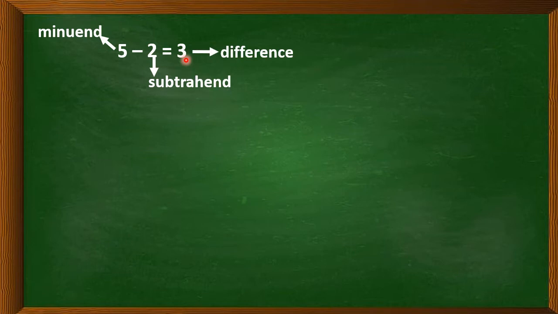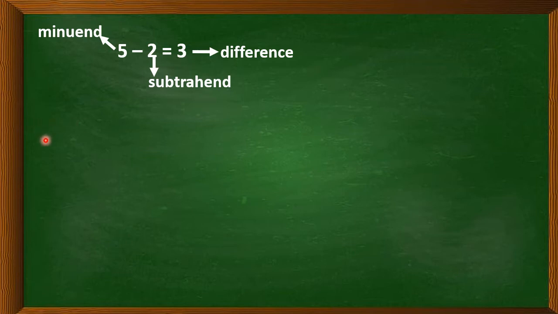And of course, 3 is the difference. Remember that the rule in subtracting polynomials is that we have to change the sign of every term in the subtrahend. So from positive, it will become negative, and if it is negative, it will become positive.